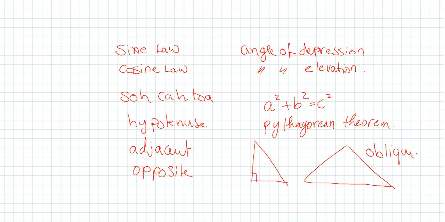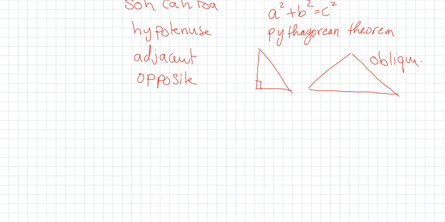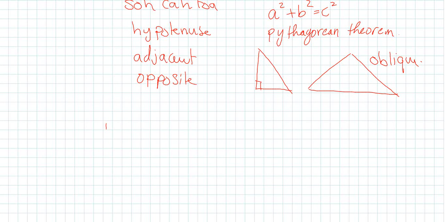Okay. Now, what we're going to review today, and again, I will go over these with the lessons with you, but this is just a quick review of what trigonometry is all about. Okay? So when we are dealing with angle triangles, this is the symbol of a triangle.